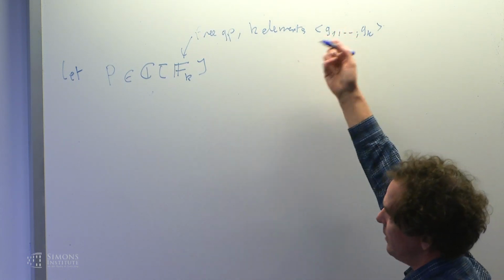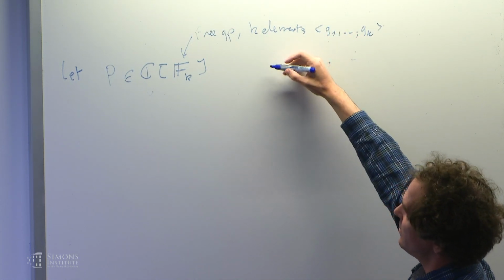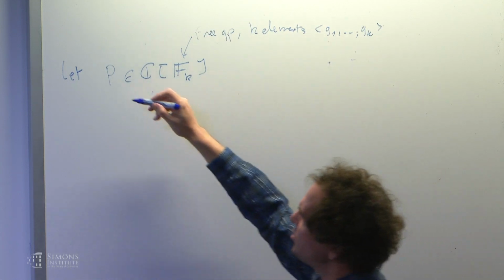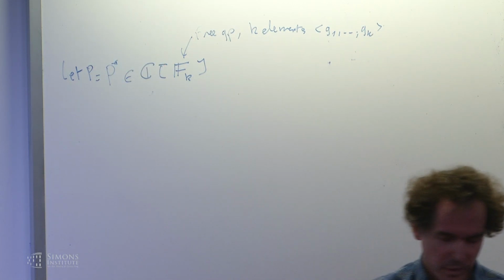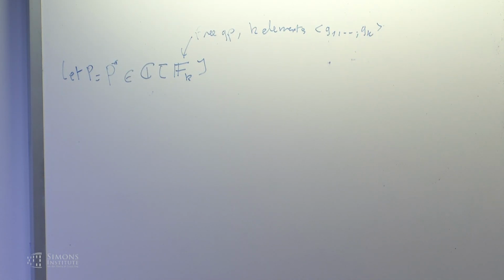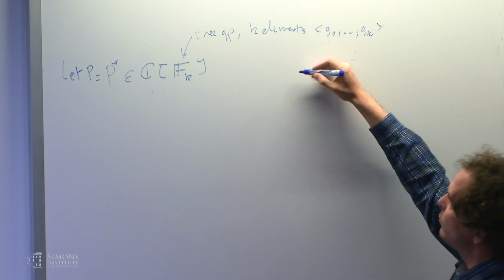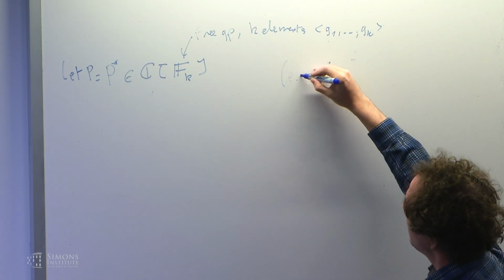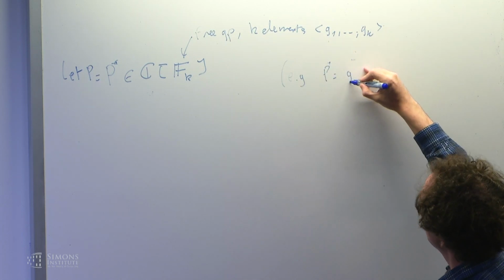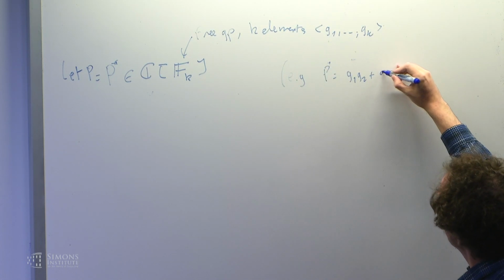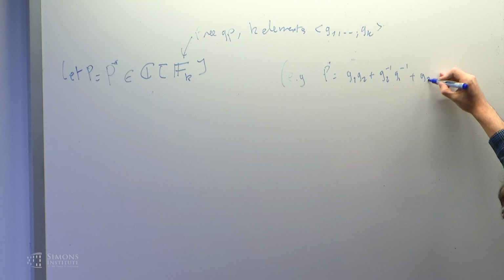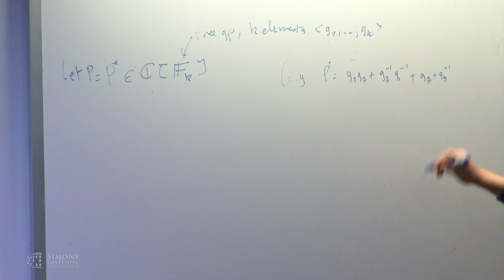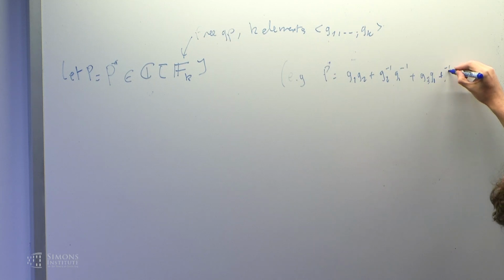So let's take an example. Let's say I would like to study, maybe just for the sake of simplicity, I will assume that it's a self-adjoint polynomial in the sense where the adjoint of Gi is its inverse. So let's say, for example, P is G1 G2 plus G2 inverse G1 inverse, plus G3 plus G3 inverse, plus something like G3 G1 plus G1 inverse G3 inverse, or something else.